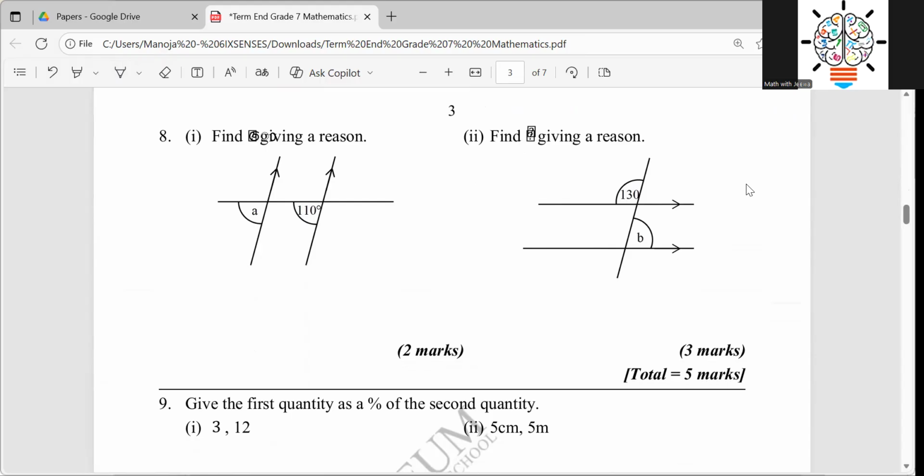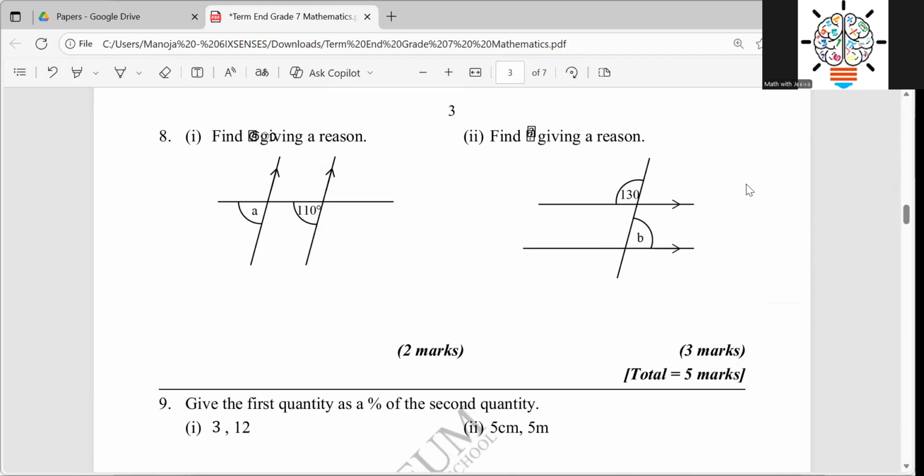Can you remember that we have learned with the special letters? If it is the corresponding, we know it is kind of the F letter angle. And then the alternate is the Z letter angle. And then the interior angle, it is letter C, right?